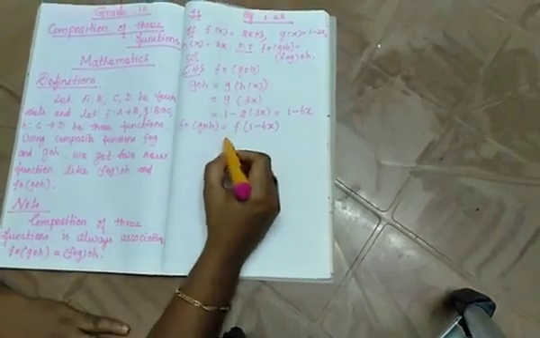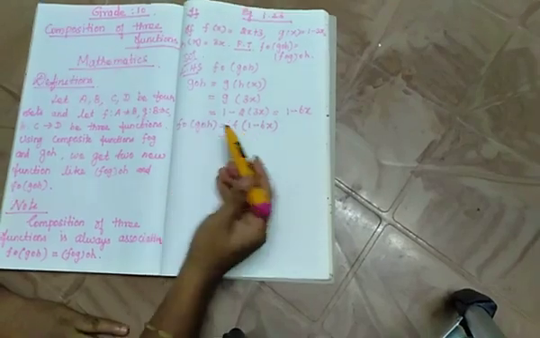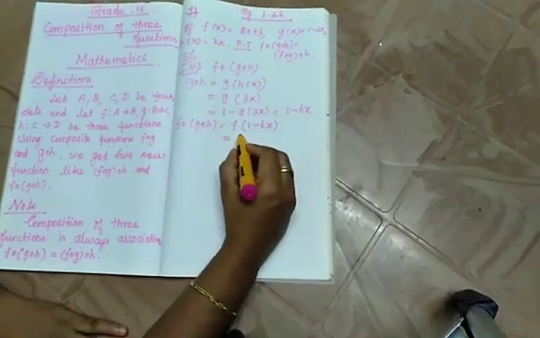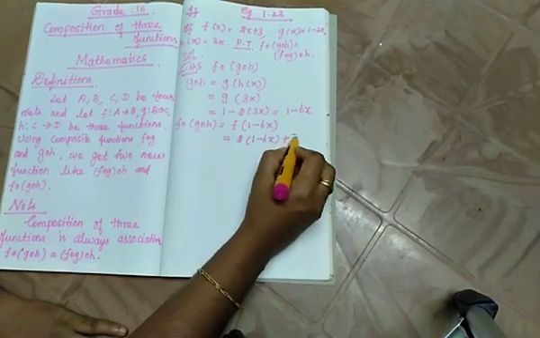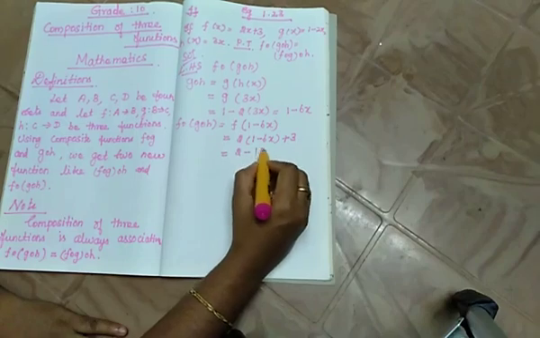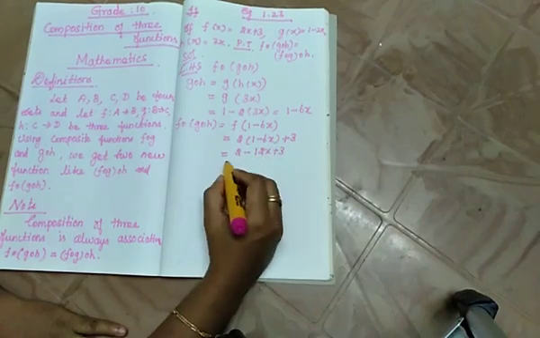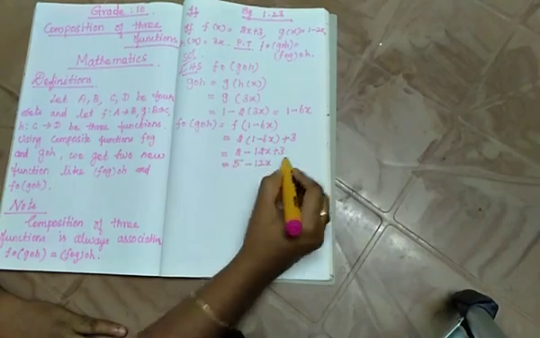In the place of x in f, you have to substitute this bracket value. So we get 2 into 1 minus 6x plus 3, which is 2 minus 12x plus 3, which is equal to 2 plus 3, 5 minus 12x.